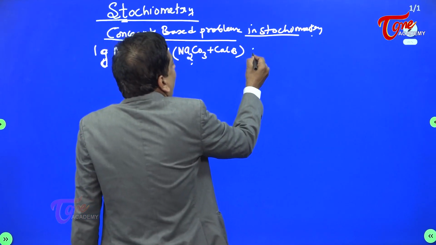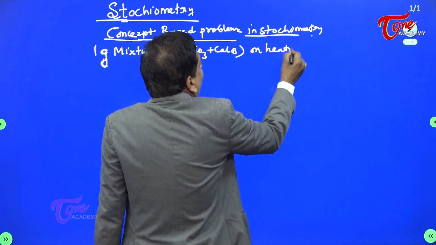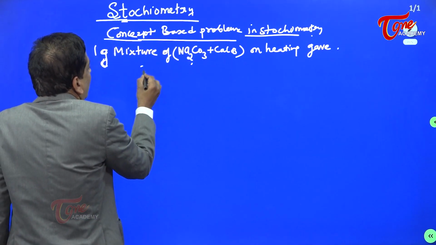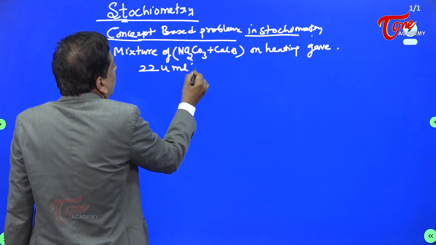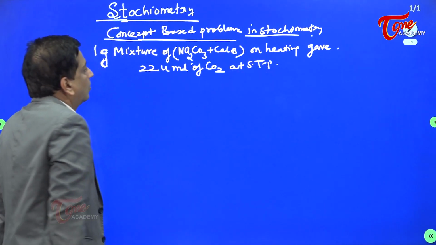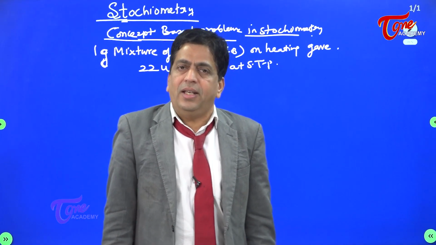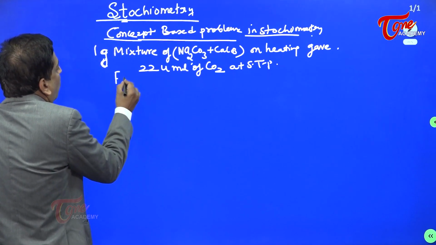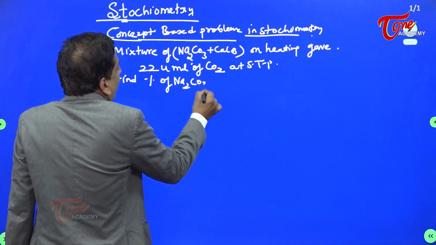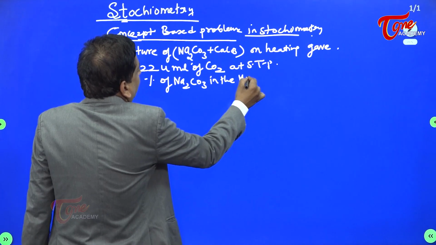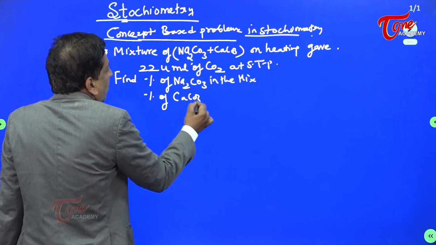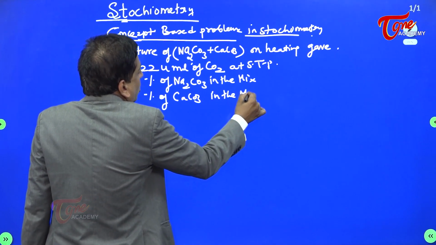On heating, it gave 224 milliliters of carbon dioxide at STP. Then he's asking, find the percentage of sodium carbonate in the mixture, or even find the percentage of calcium carbonate in the mixture.